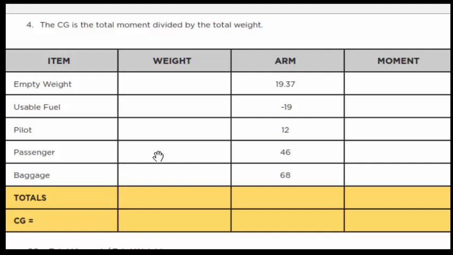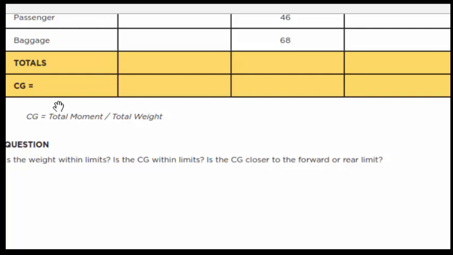The weight total I got was 1,202. So now we need to calculate the center of gravity by doing total moment divided by total weight. So we do 23,057 divided by 1,202, and we get a center of gravity of 19.1 inches.